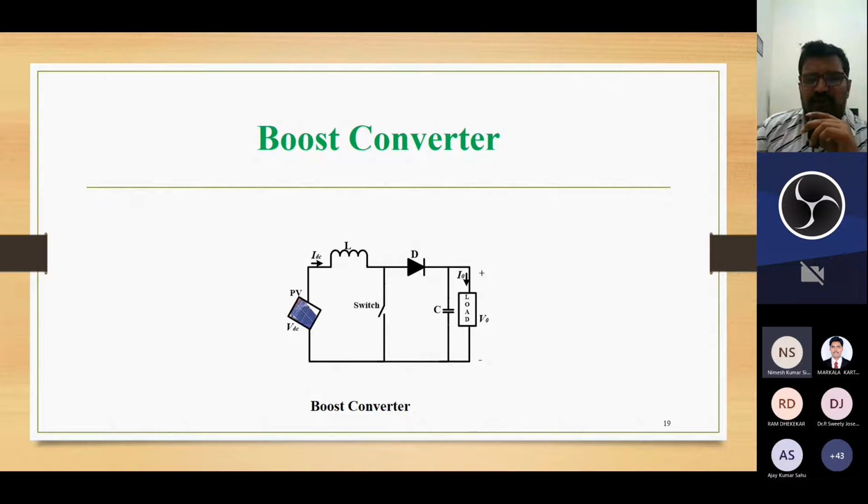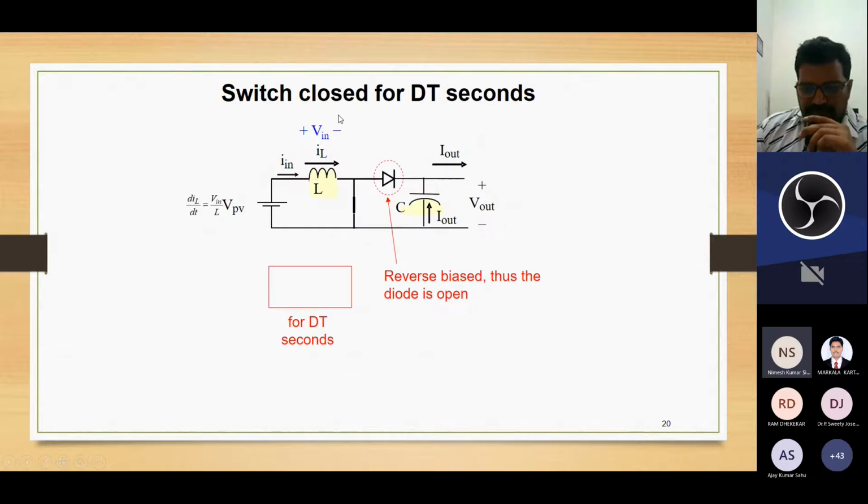After the PV cell, we have fed that power to the boost converter. Here are the basics of how the boost converter turns on and off. I think all of you know the operation of the boost converter, so I will quickly pass through this one. When the switch is closed for a time D T seconds, the inductor will get charged.